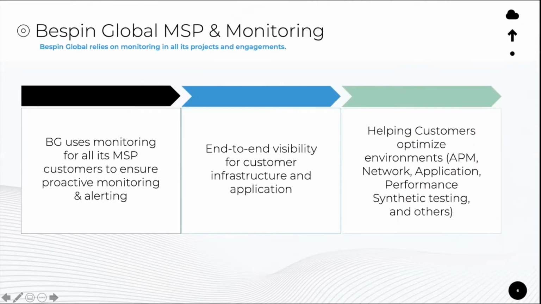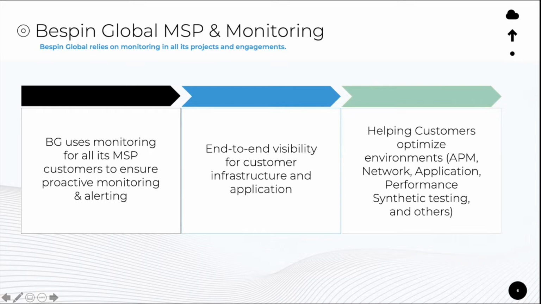We, as Bespin Global, are a managed service provider, and we need that monitoring tool as one of the core tools to provide our managed services. We need to monitor our customers' infrastructure proactively and generate the needed alerts whenever we detect anything wrong.